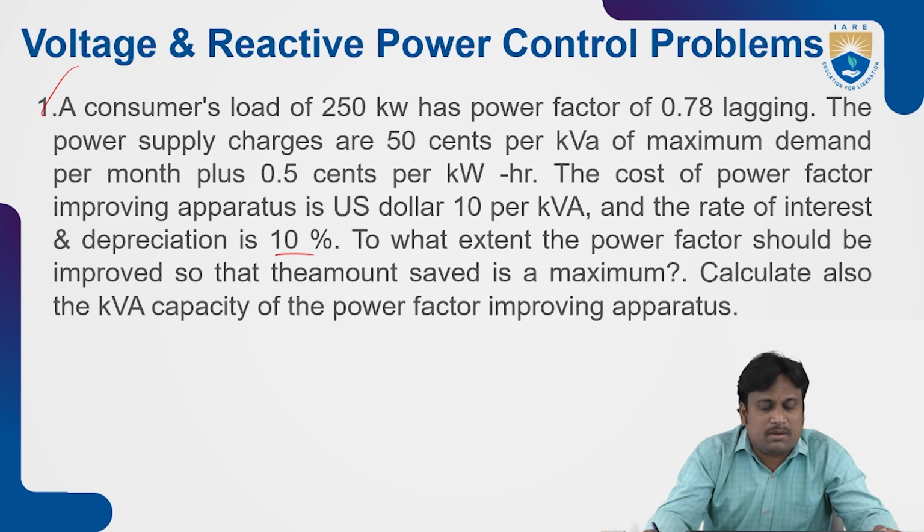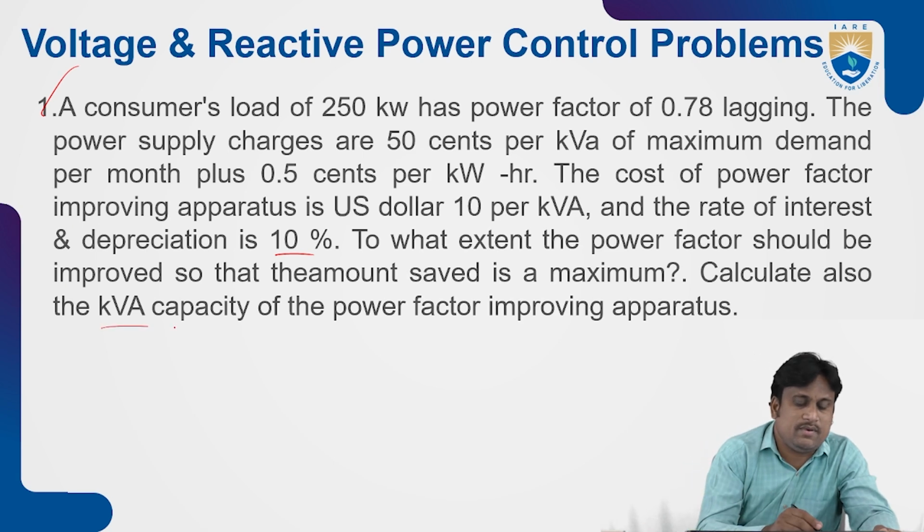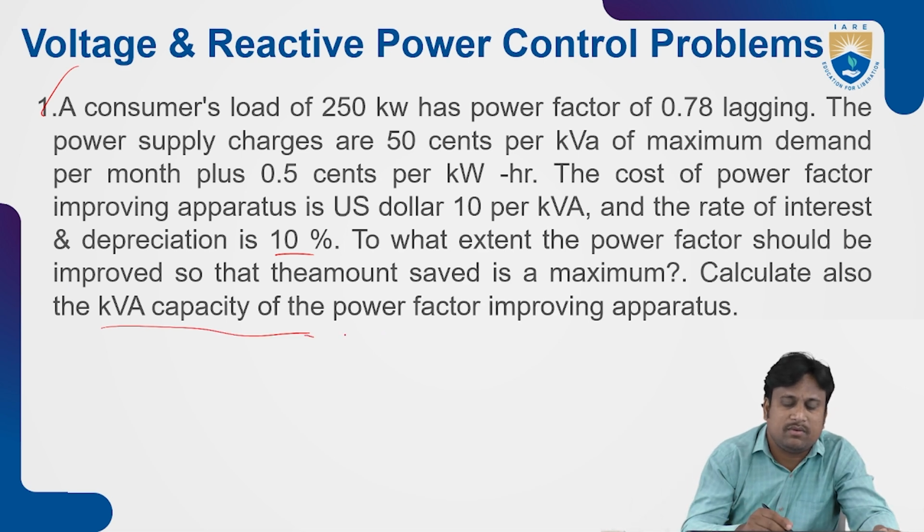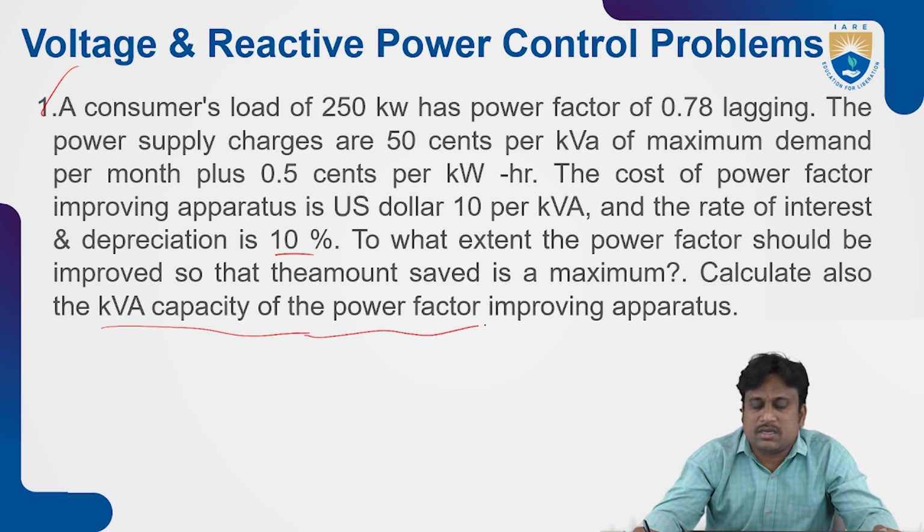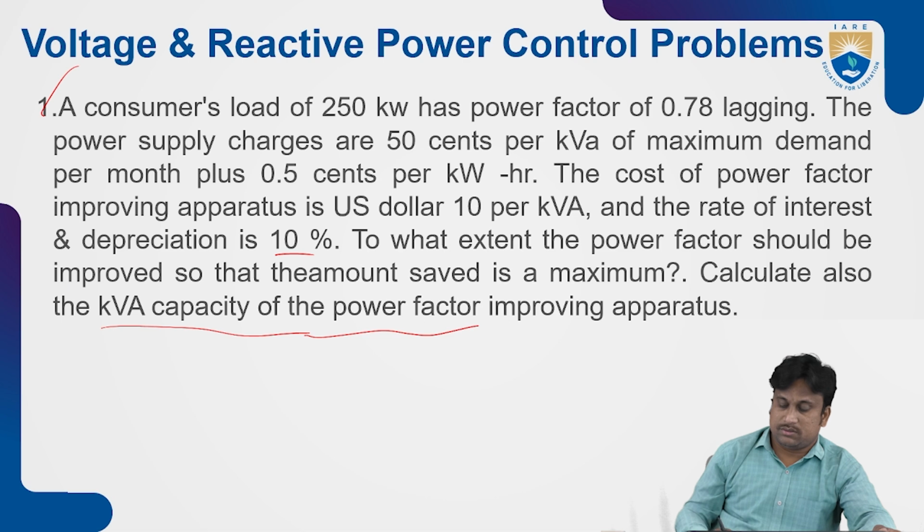To what extent should the power factor be improved so that the amount saved is maximum? Also calculate the kVA capacity of the power factor improving apparatus.